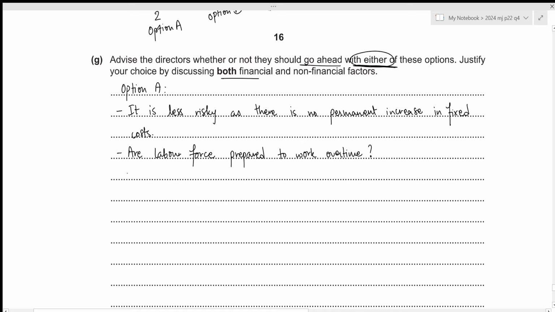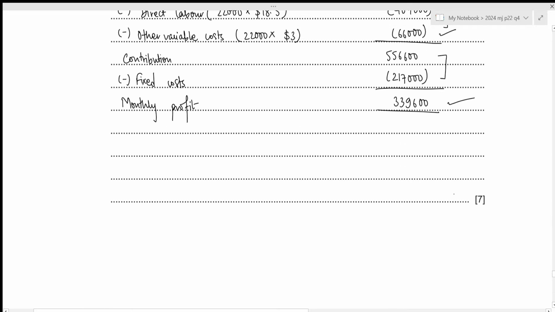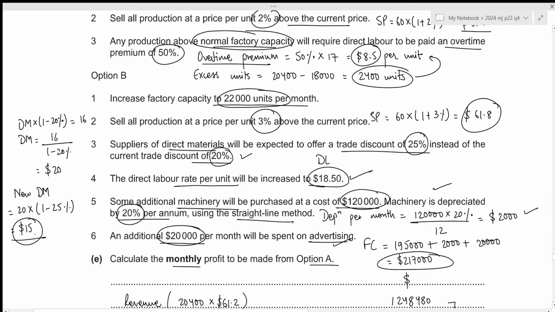Now we can move towards option B. Option B was the most profitable outcome. So it has a higher profit than both the current level and option A. And for option B, we are considering spending more on advertising.